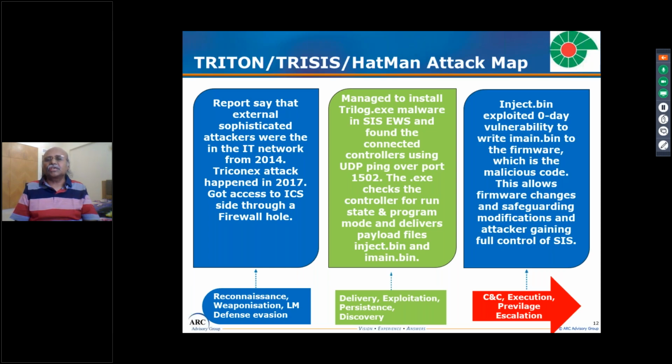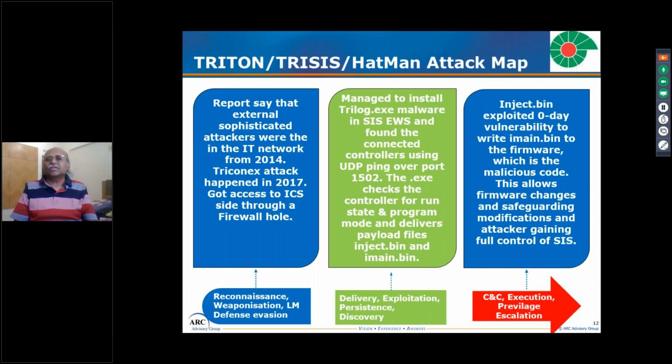You just should not keep your controllers in program mode, but that is mainly for the safety controllers. Inject.bin exploited a zero-day vulnerability, which means that none of them knew this vulnerability, but the attackers were able to find it, to write imain.bin to the firmware, which is malicious code.